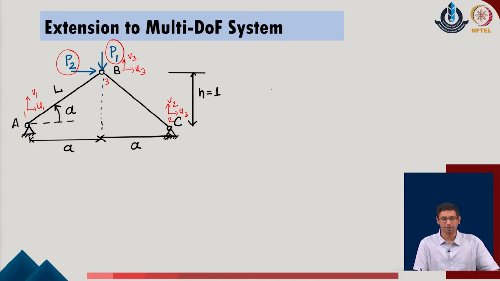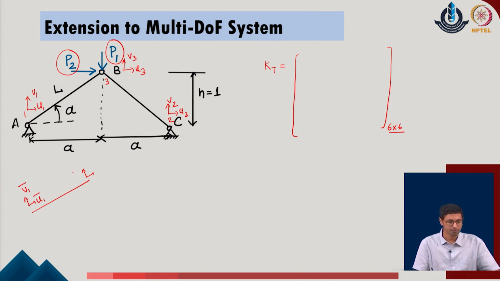So, the tangent stiffness matrix which I am going to define for the given system should ideally be defined as a 6 cross 6 matrix for the overall system. Individually for each member I can also define the matrix, and for each member, if you recall the discussions which we did earlier in the local coordinates, we define the KT matrix as a 4 cross 4 matrix.